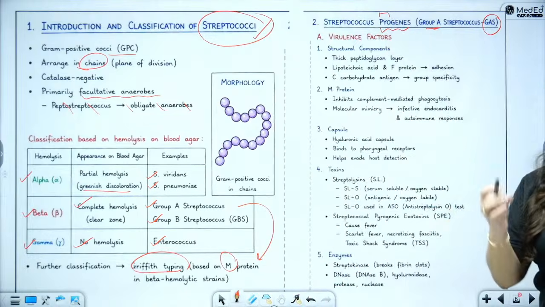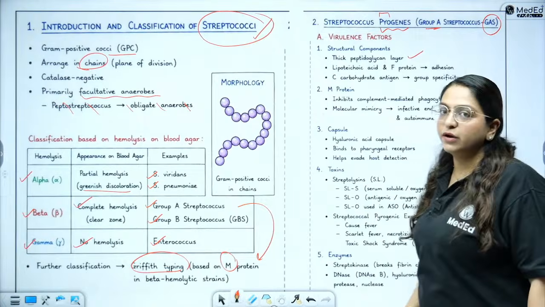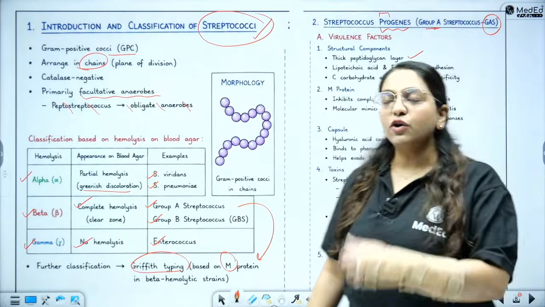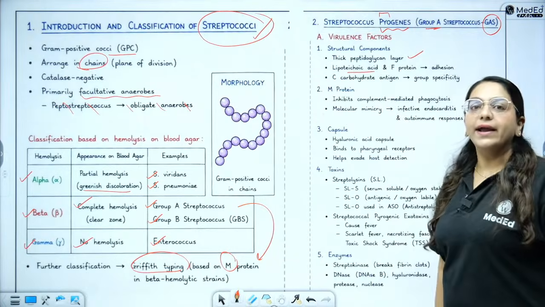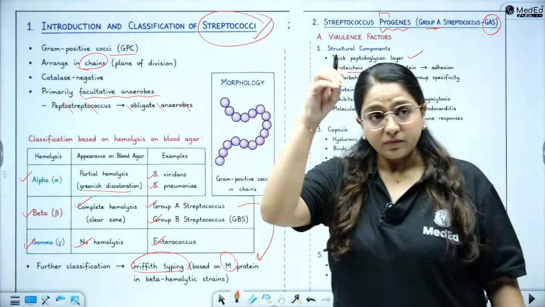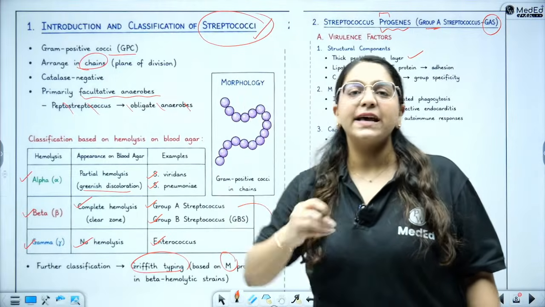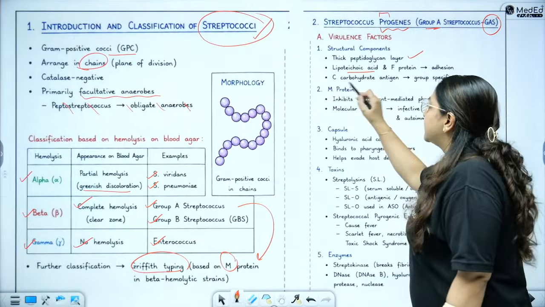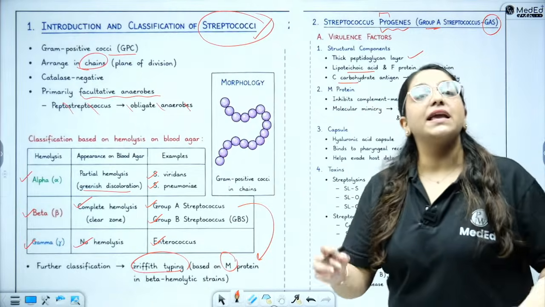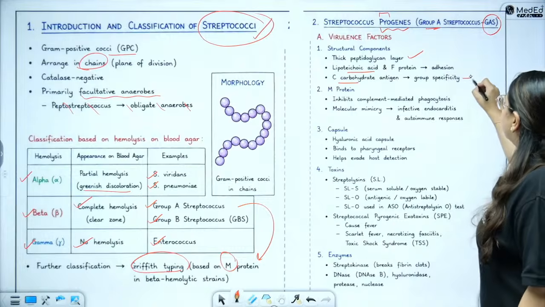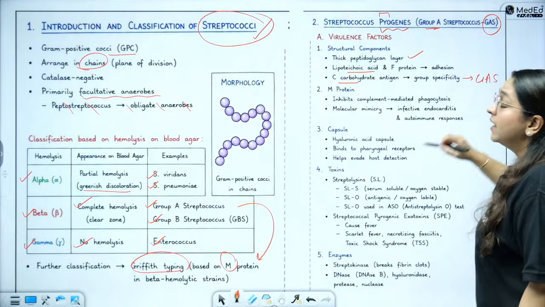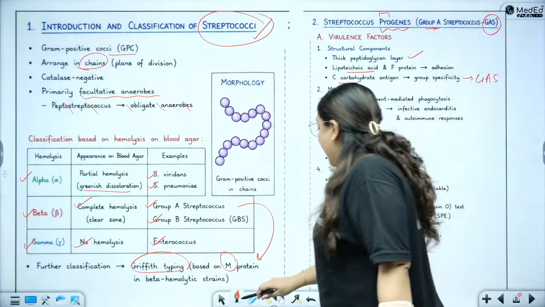It has, of course, a thick peptidoglycan, because it is a gram-positive bacterium. It, of course, has the lipoteichoic acid, because it's a gram-positive bacterium. Then what is the specific cell wall factor of it? It is the C carbohydrate antigen, which is making it group A. Then the most important is the M protein.